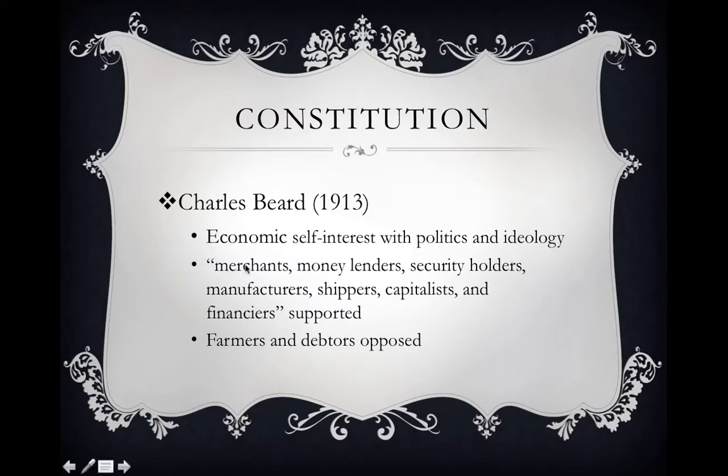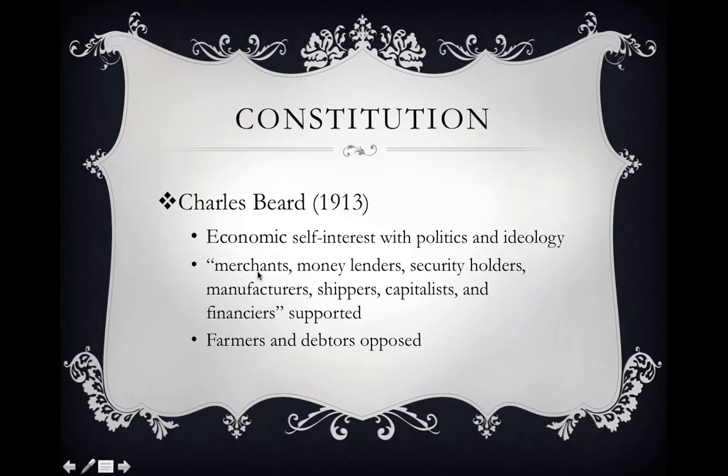All right, and he says merchants, moneylenders, security holders, manufacturers, shippers, capitalists, and financiers supported the document. So he's looking at an economic class of individuals who supported the Constitution.